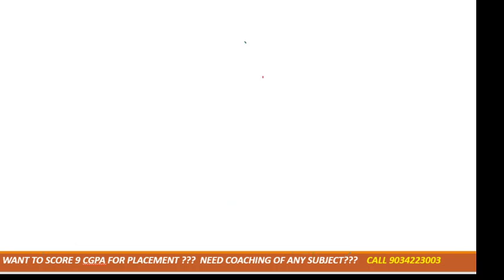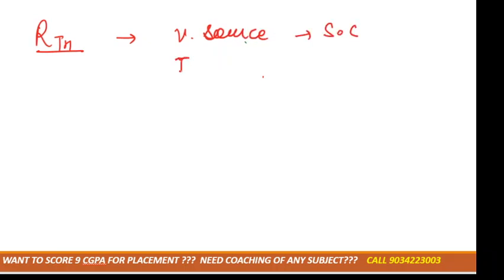Next step is to calculate RTH. For RTH I told you voltage source must be short circuited and current source must be open circuit, right? So if I'll redraw the diagram it would be like this.